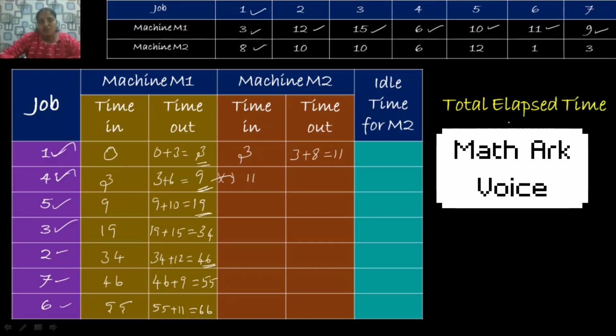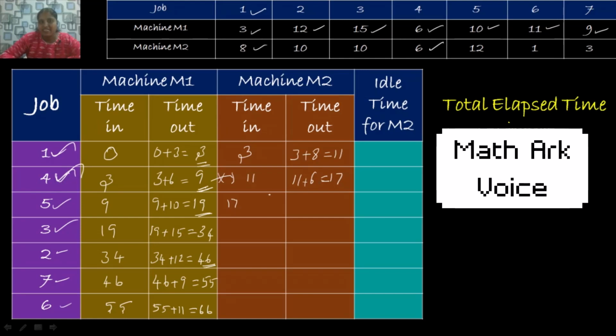So job 4 entered machine M2 at 11 hours and it needs a processing time of 6 hours on machine M2. So 11 plus 6 is 17 hours. So at 17 hours job 4 has completed its processing time.